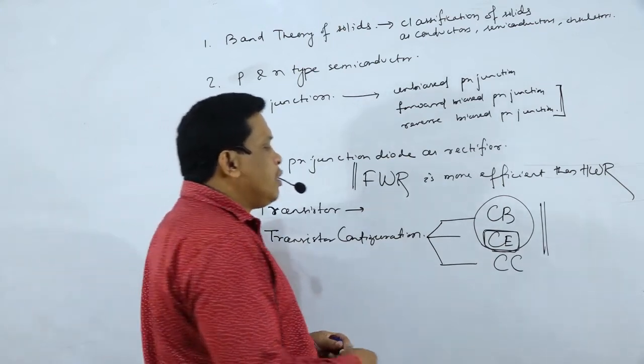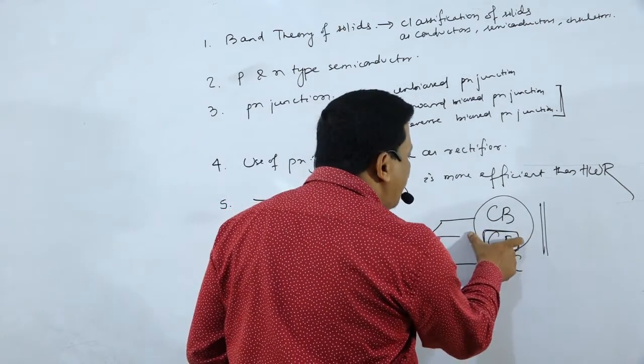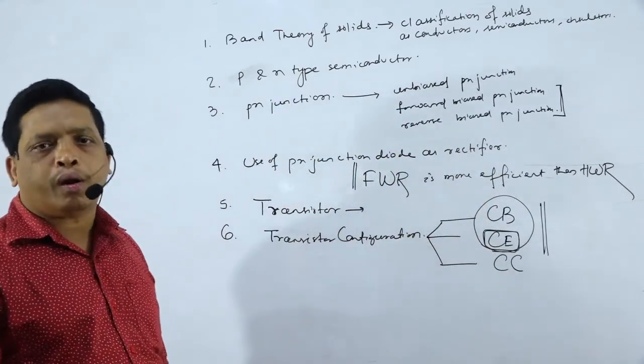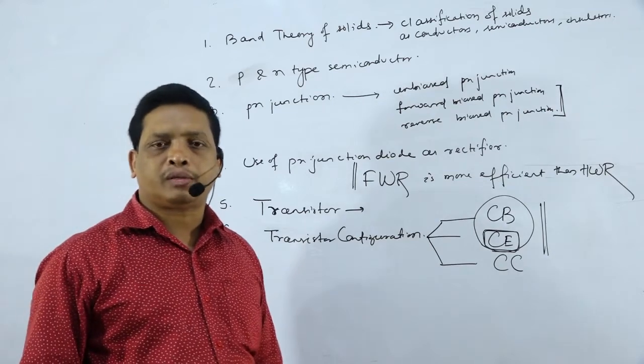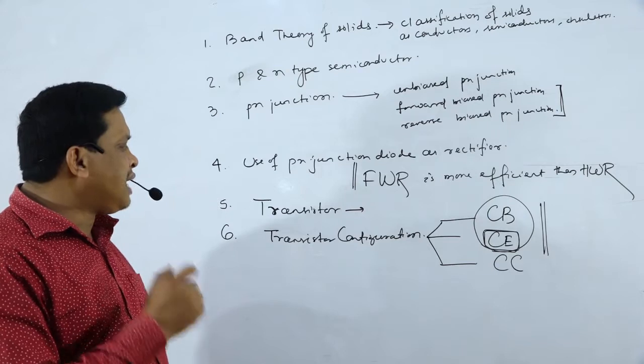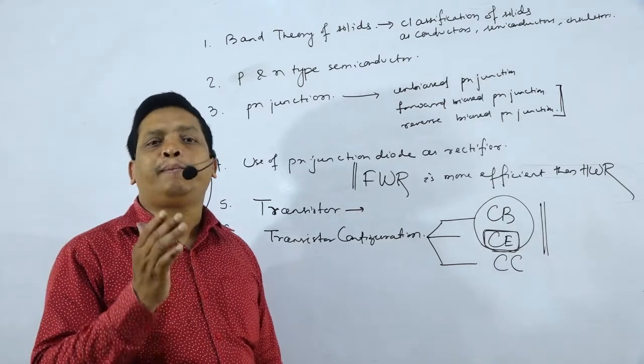And most important is that the common emitter transistor configuration is used over audio frequency range. And the basic use of the transistor is as an amplifier.